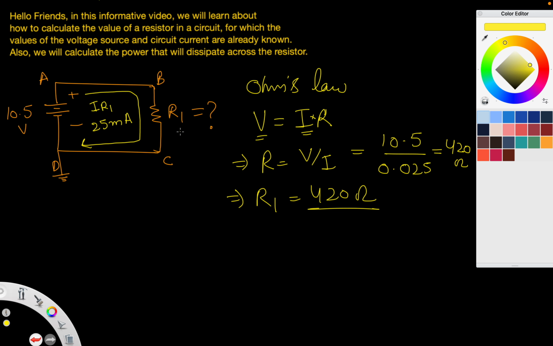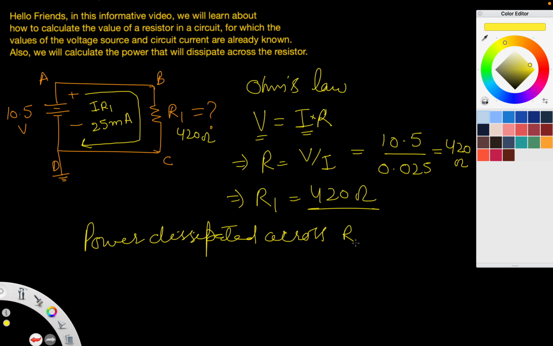Now we know the value of resistance is 420 ohms, but we still need to know the power dissipation capacity, how much power will be dissipated across the resistor. So how will we calculate this? The power dissipated across R1 will be given by P equal to voltage times current.